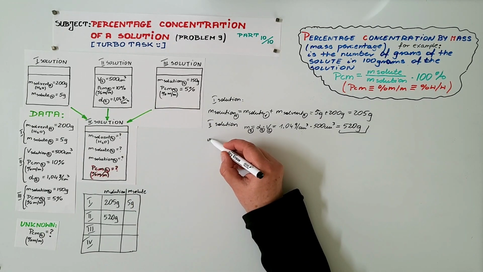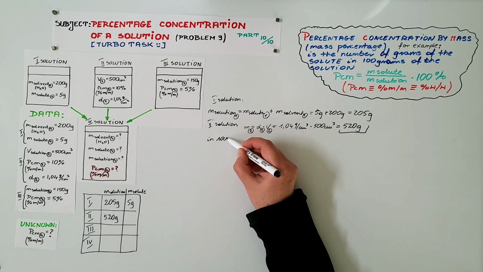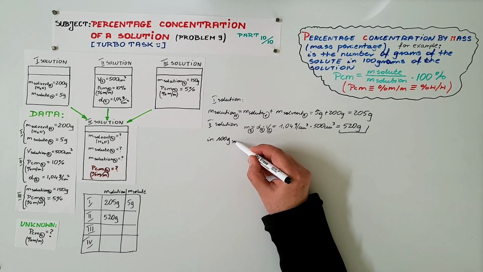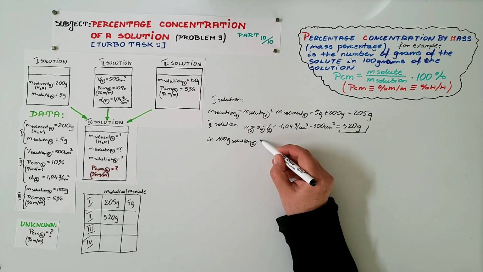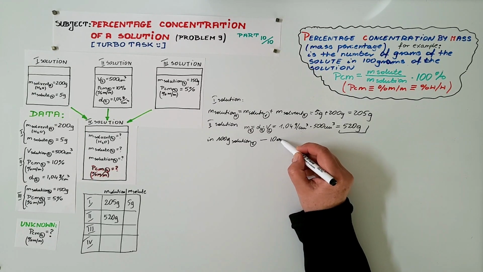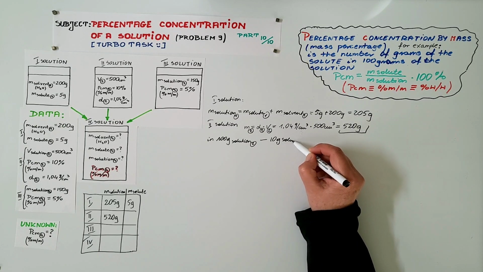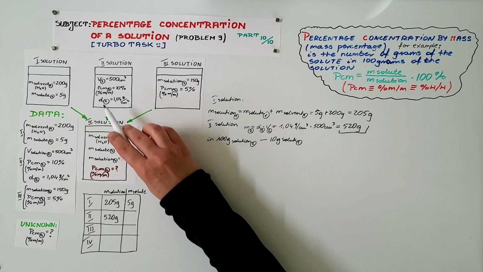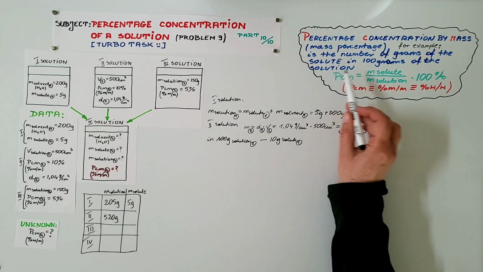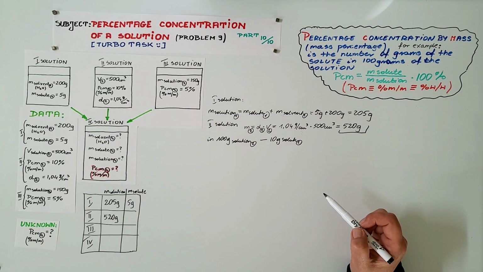So in 100 grams of solution 2, there is 10 grams of solute. Why? Because percentage concentration by mass is the number of grams of the solute in 100 grams of solution.